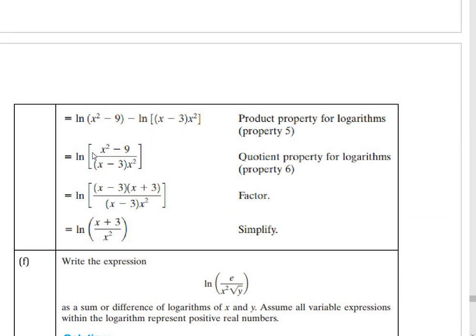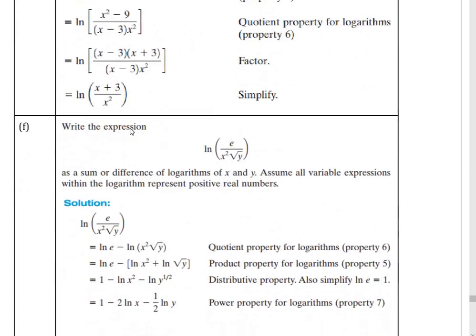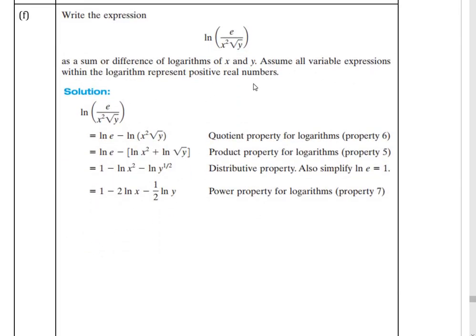So there I have my single log. This is now ln, but it's still a log. So there I have my single ln, and then I can simplify if something can be simplified. If I have to expand, and you are going to get questions in the test on this, then I will know that the division becomes a minus.